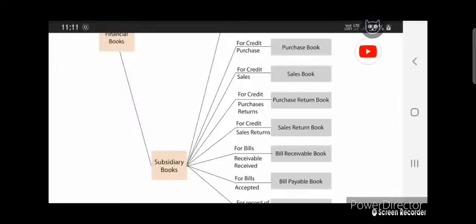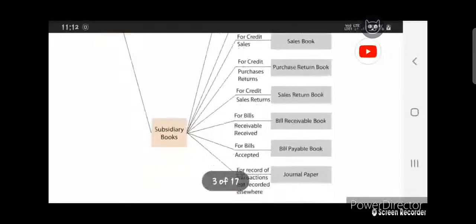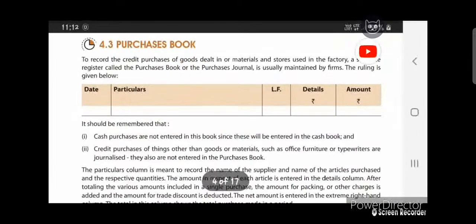In the sales return book you write all the returns from sales. Next, the bills receivable book records the bills received, and the bills payable book the bills accepted.